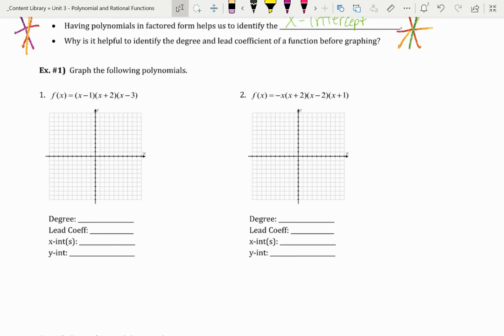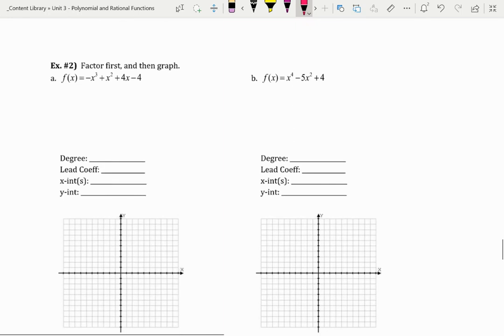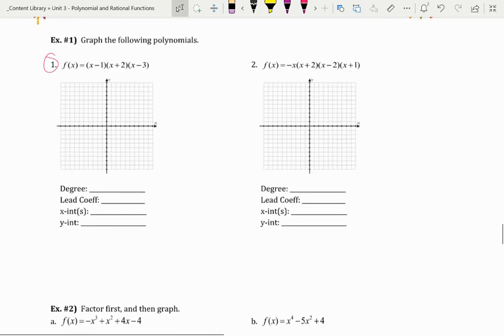Okay, graph the following. I'm going to do example 1. You guys do number 2, and we'll go from there. Okay, so the first one, we have a degree of 3 because there's 1x, 1x, and 1x. Our leading coefficient is positive 1, so it's an odd positive function.